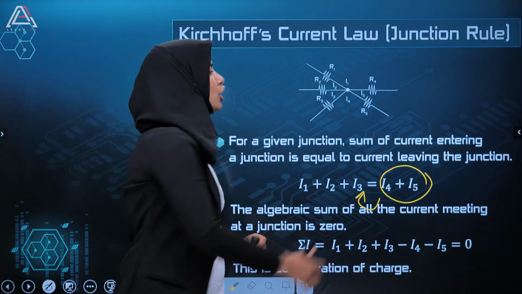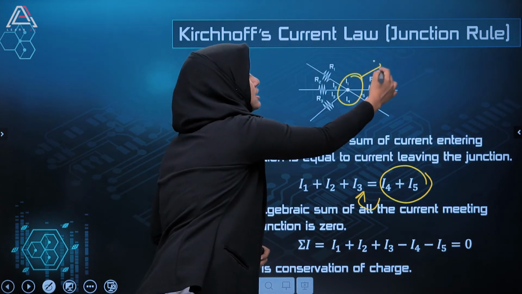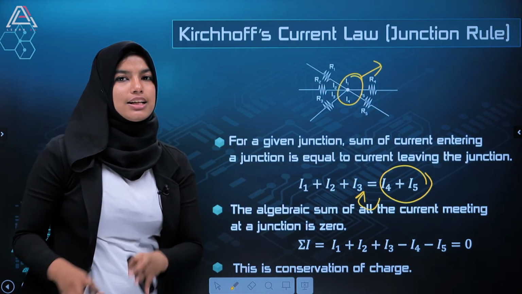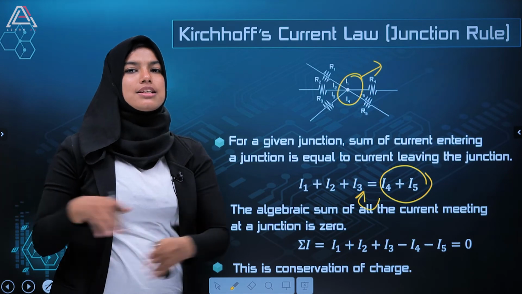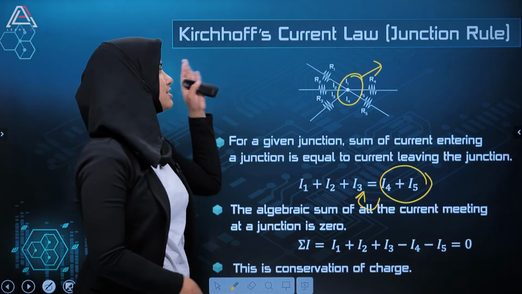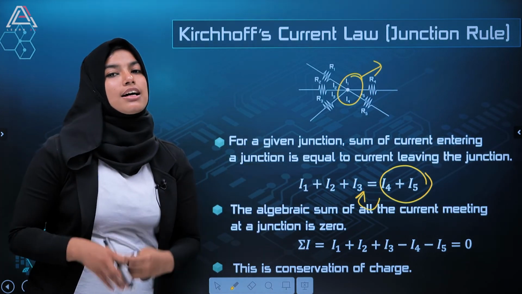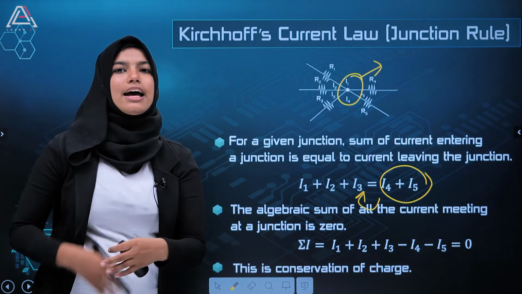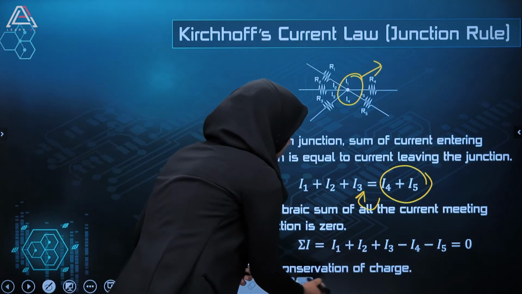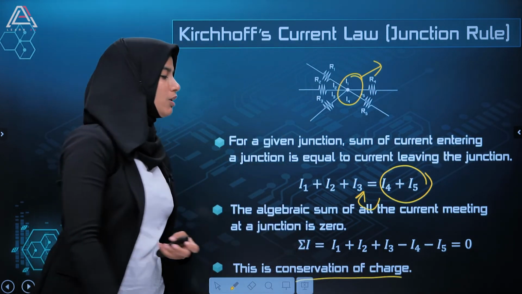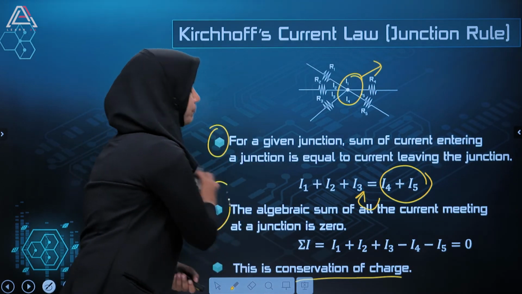What does that mean? No current will stay in this particular junction. The current passes continuously. That is Kirchhoff's current law, and it proves the conservation of charge. So learn these two points.